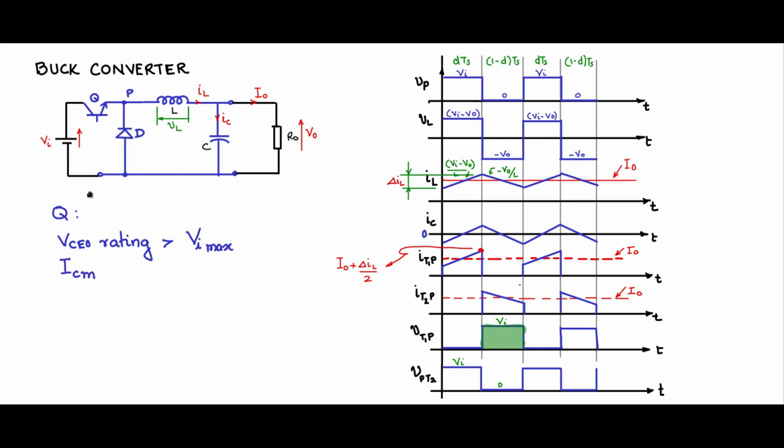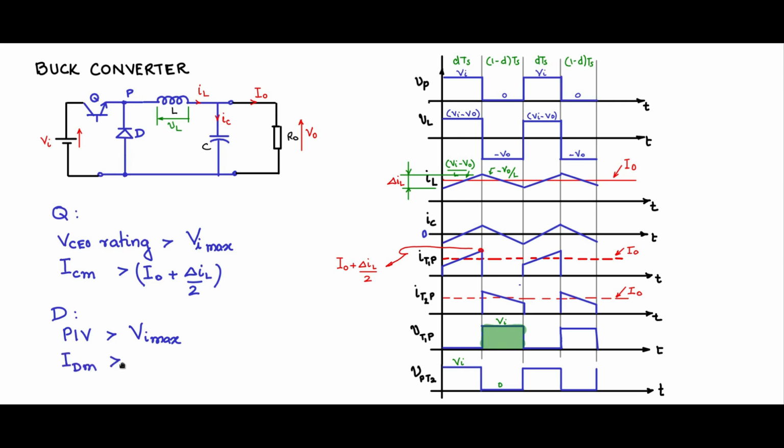The current rating, current max rating flowing through this BJT or MOSFET should be capable of withstanding this much. So it should be greater than I0 plus delta IL by 2. Likewise for the diode, the peak inverse voltage rating, the negative voltage that the diode should be able to withstand, is PT2, and this is Vi, and therefore should be greater than Vi max.